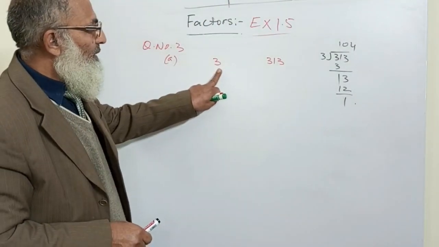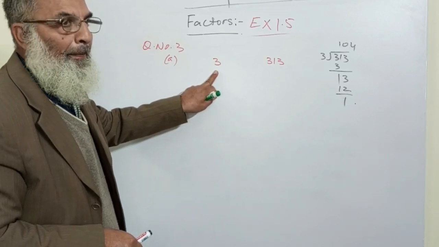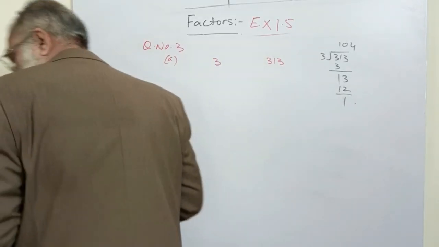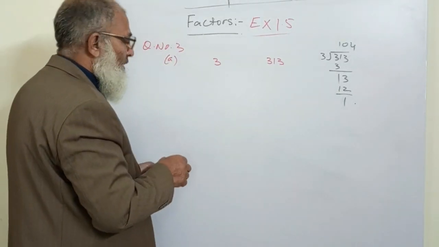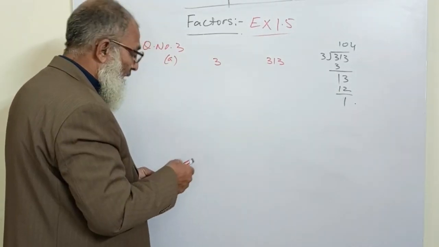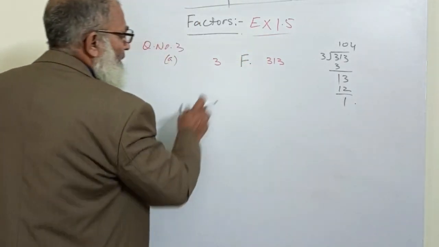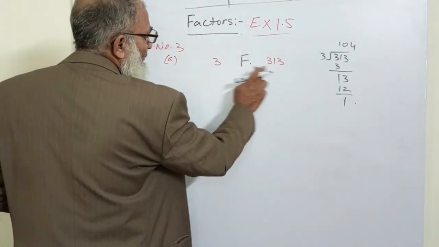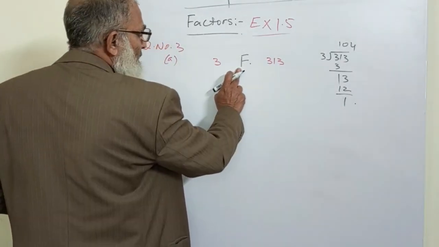So 313 is not divisible by 3. So what was the question? Is 3 a factor of 313? No, this is not the factor. Therefore, the answer is false. The statement is false.